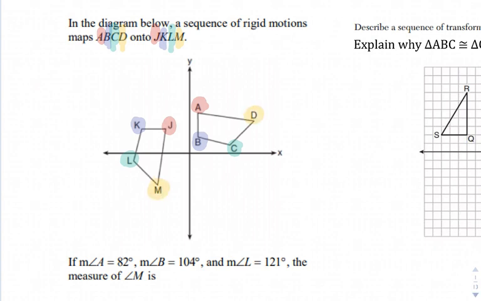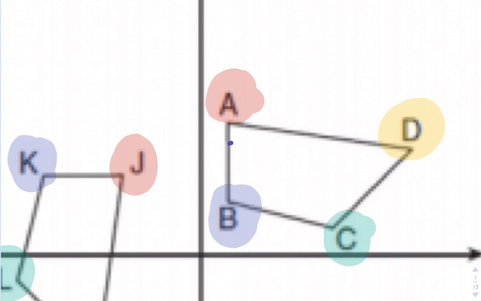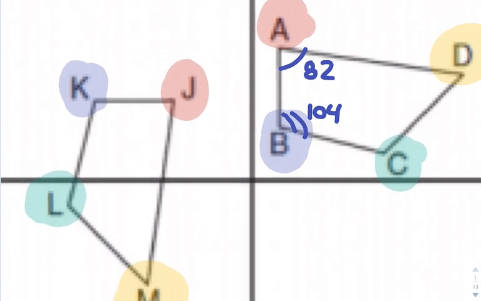Remember, rigid motions have congruent figures, which means those angles are congruent. It says if the measure of angle A is 82, the measure of angle B is 104, and the measure of angle L is 121, the measure of angle M is blank. So first I'm going to label. Angle A is 82, angle B is 104, and angle L is 121.